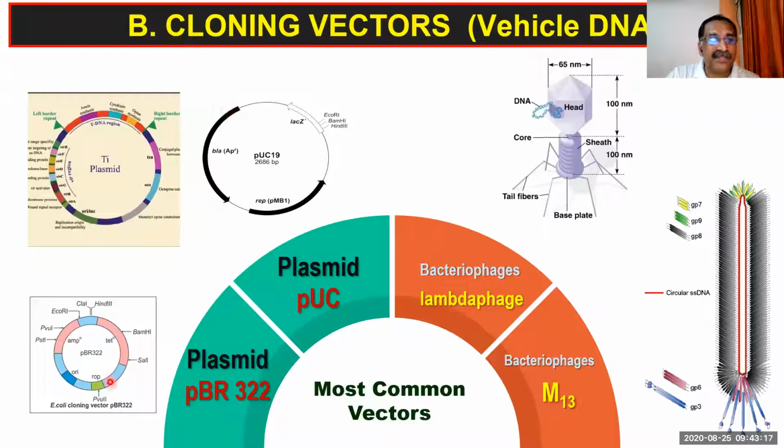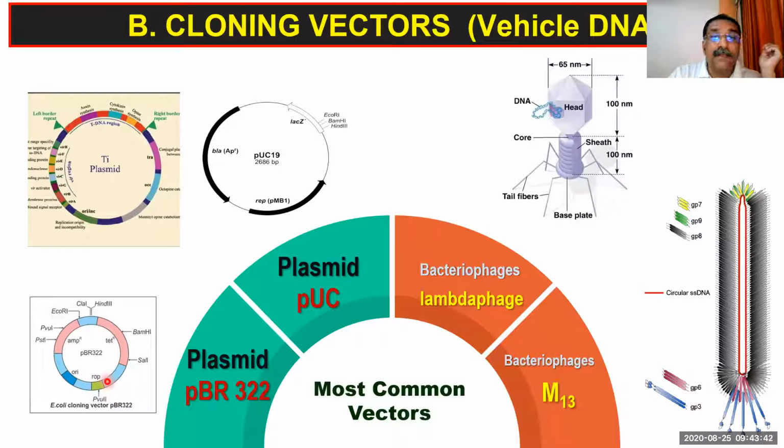Now you see the picture over there. The pBR322 picture is shown over there. So this is the plasmid. The plasmid has certain parts over there, like the origin must be there. We can notice certain specific areas over there.